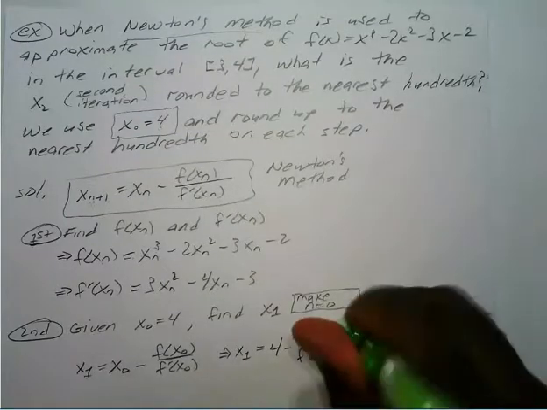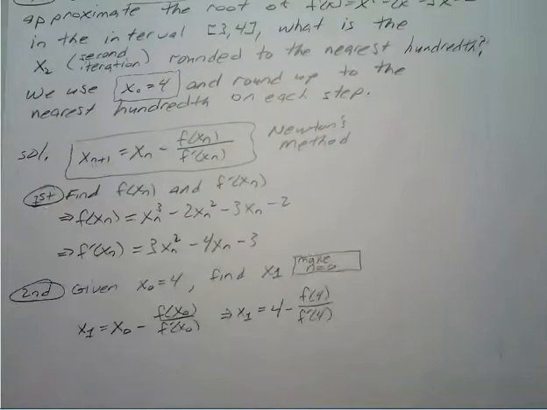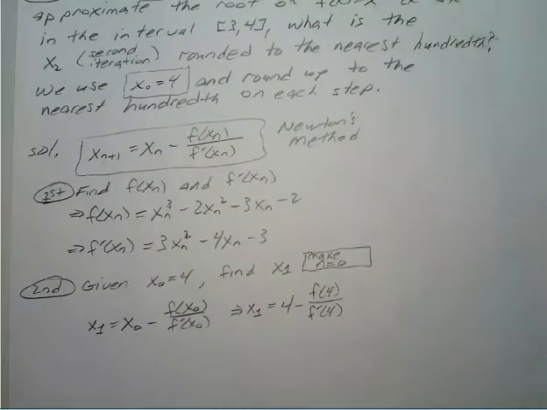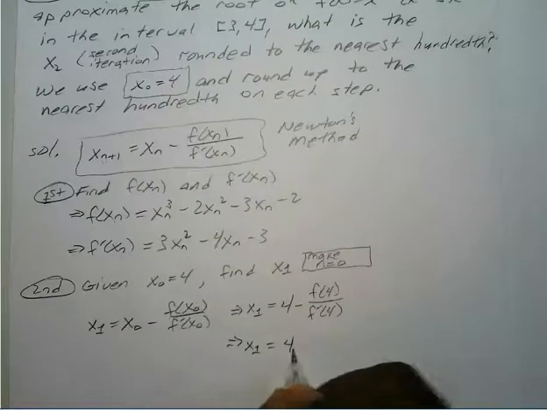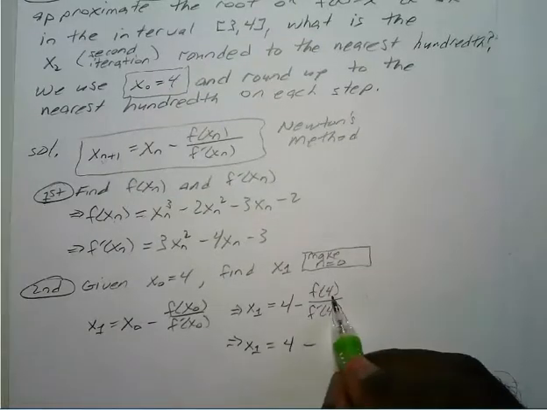Let me bring that underneath just to make sure I have enough room. So that's x sub 1 equals 4 minus f of 4.